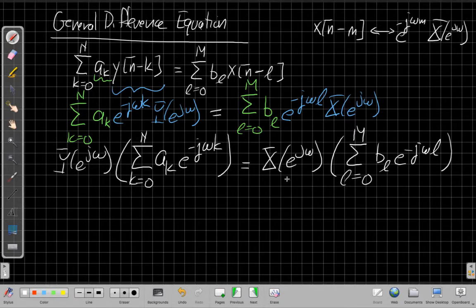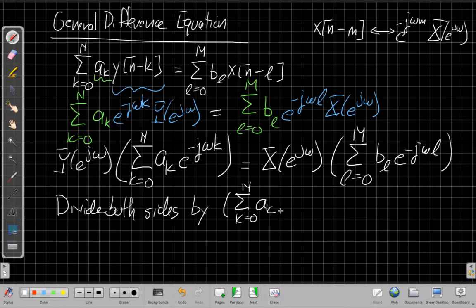Now I want to end up with y divided by x. I'm going to do something a little bit crazy that will make everything cancel out the way I want: I'm going to divide both sides by the sum from the left-hand side, so that's the sum over k of a sub k e to the minus j omega k, and x of e to the j omega.